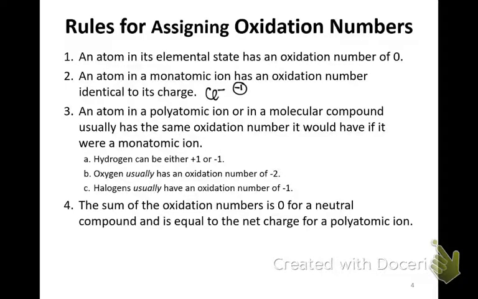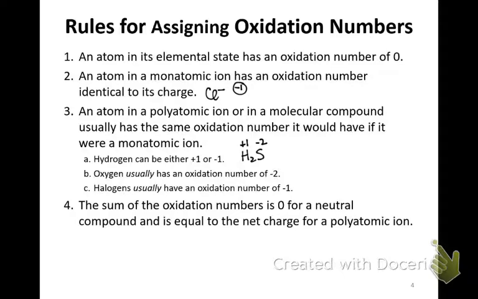An atom in a polyatomic ion or molecular compound usually has the same oxidation number it would have if it were a monoatomic ion. For example, hydrogen in a compound usually has a charge of +1, and then the sulfur here would have a charge of -2 in order to balance that out. Oxygen usually has an oxidation number of -2.